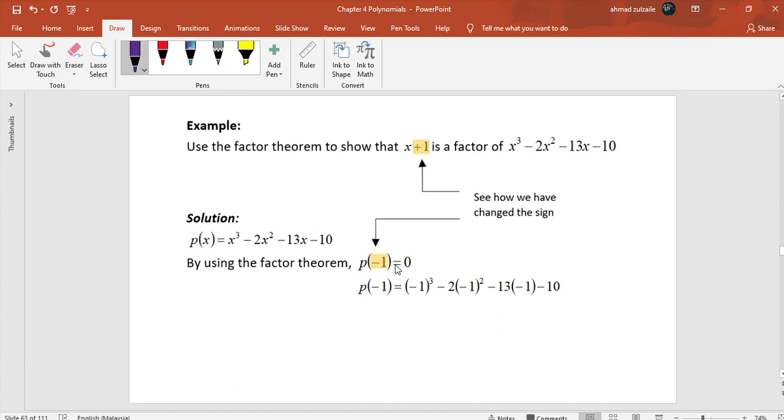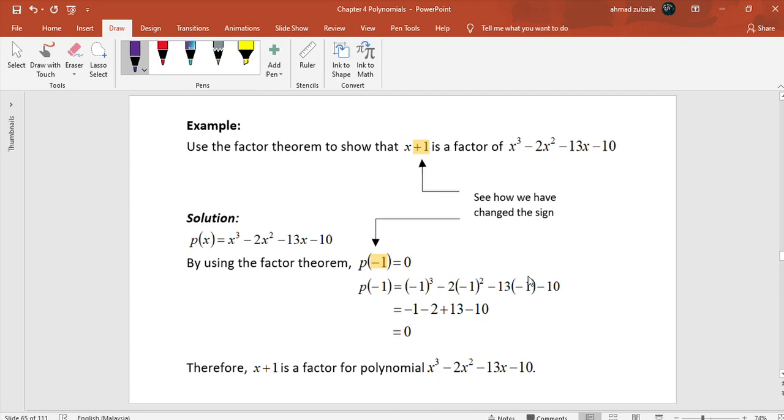So whenever I have x, I will substitute with negative 1. When I substitute, I have a 0. So what is the suitable conclusion here? Therefore, x plus 1, which is our divisor, is a factor of the polynomial given.